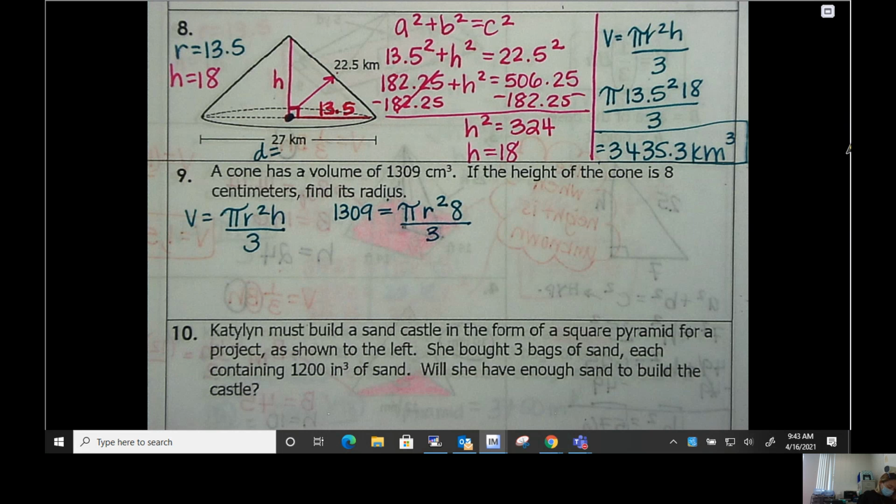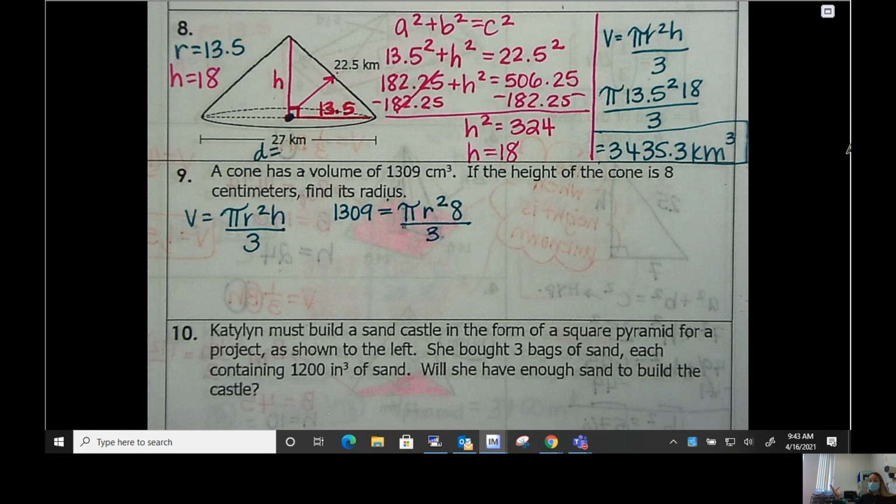So pi times 8 is 25 point, we'll put 13, that's fine. And then I still have times r squared. So I essentially combined like terms on the right. I just multiplied together on the right. And now we're going to do what Daniel said. Now we're going to get rid of that number by doing what to it?